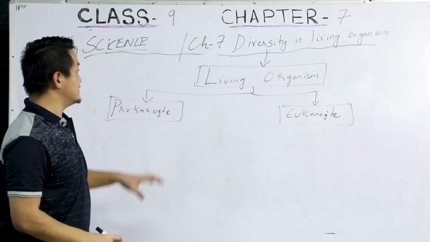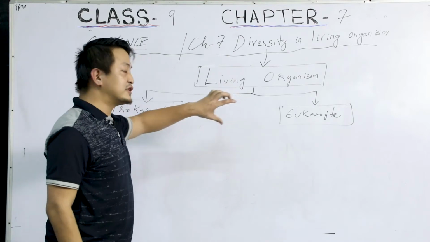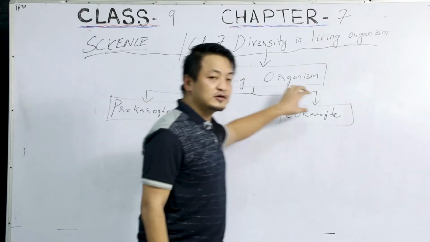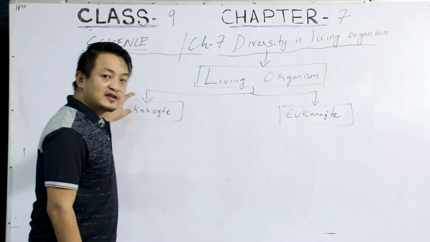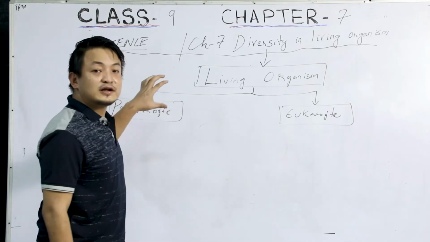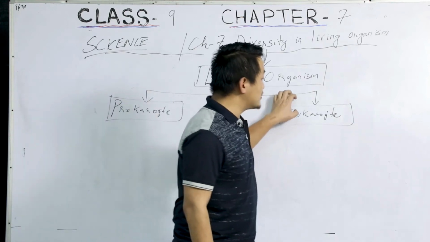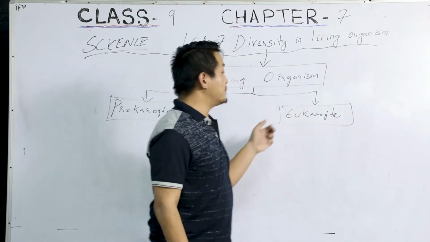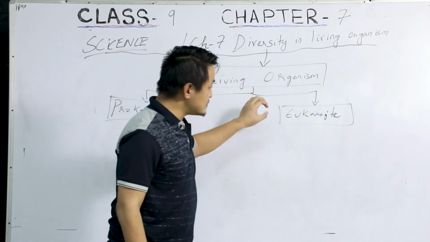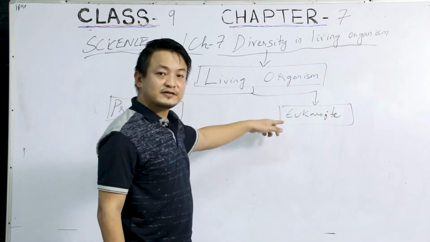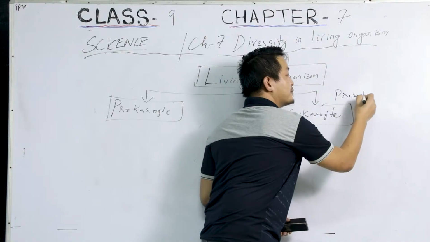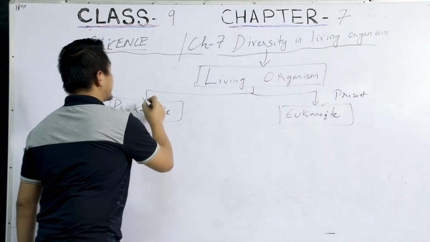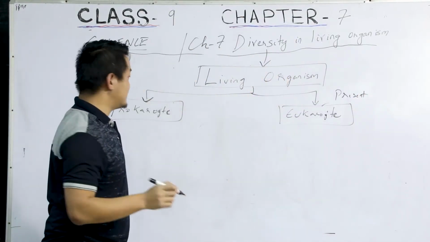Okay, so in general, living organisms first will divide into prokaryote and eukaryote. Now, prokaryote I've already explained, right? They don't have a well-defined nucleus. Membrane-bound organelles are absent. And then eukaryote, nucleus is present, and here membrane-bound organelles are present, okay? So you can also refer to your textbook, okay?